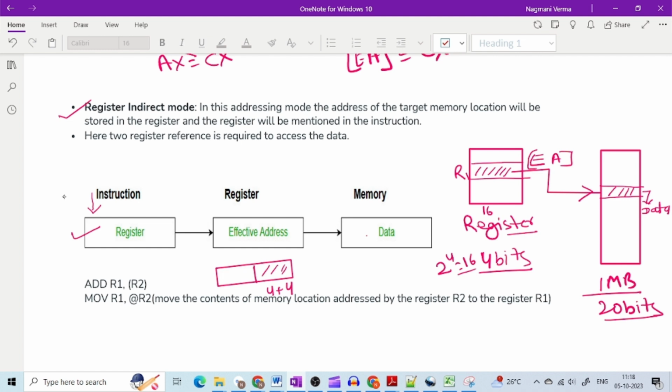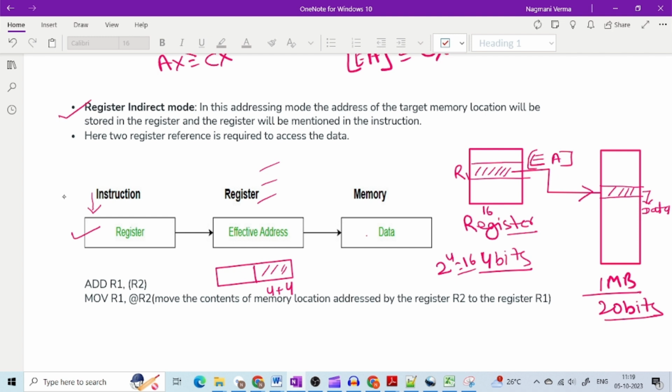This is the use of registered indirect mode. This is very important because in the next one, when we discuss the memory based addressing modes, we will use the same concepts for the base register, the index, and the auto increment and auto decrement addressing modes. All these things use the same pattern.